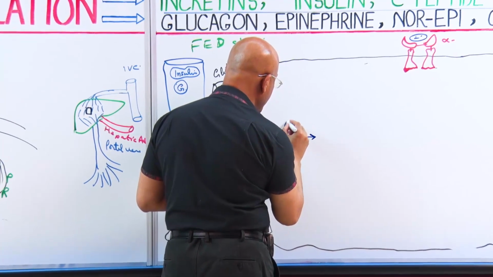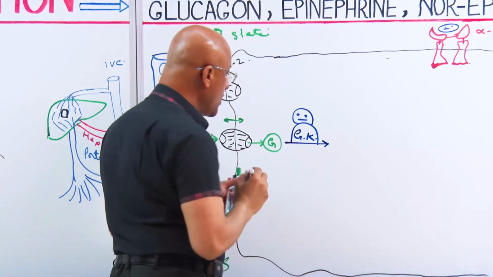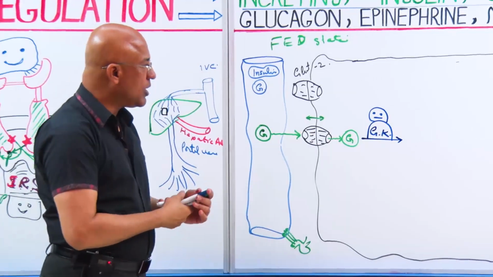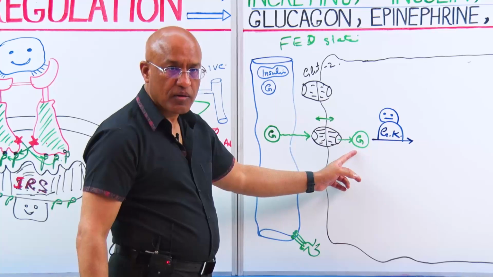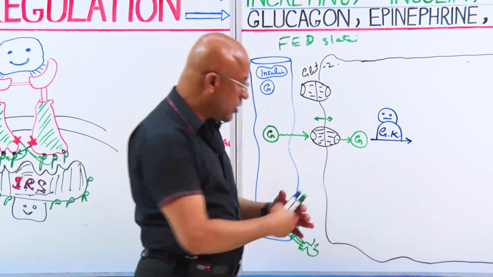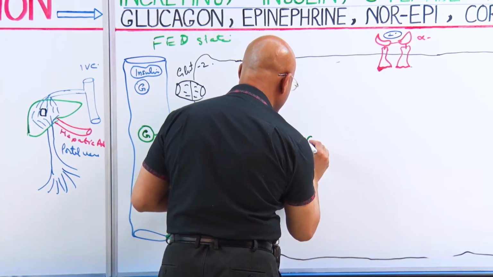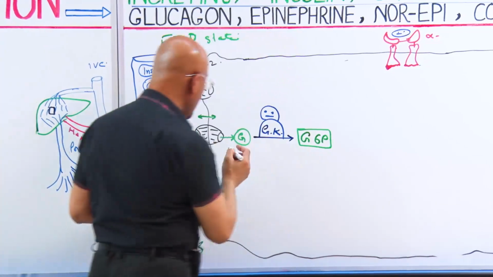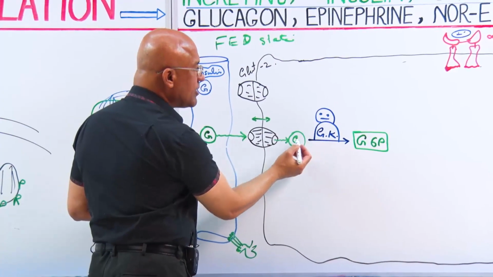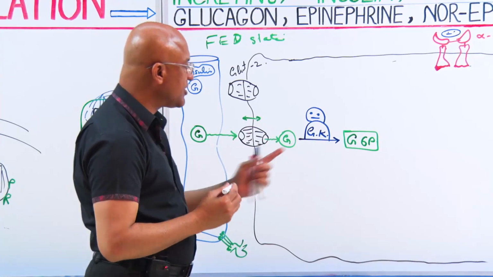What is this enzyme? Glucokinase. Now glucokinase will be activated, which will act on the glucose and convert it into glucose 6-phosphate. It means that this enzyme has led to the phosphorylation of glucose at carbon number 6.